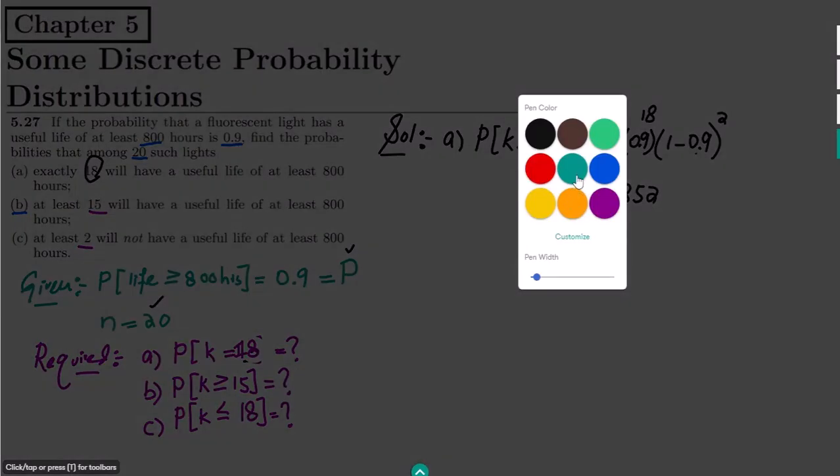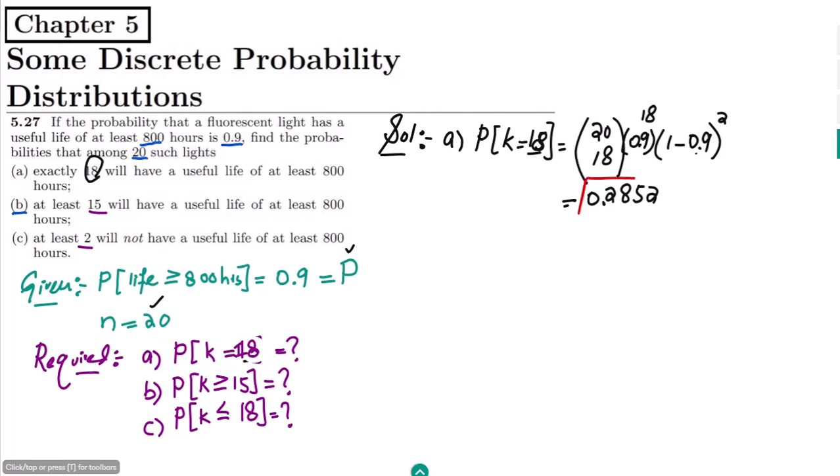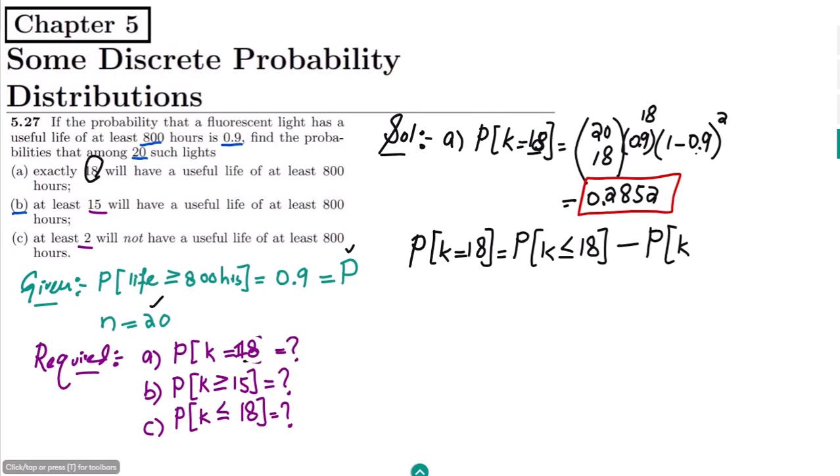Okay, so this is one method which we have seen here. Another method is based on the tables, where we can find the probability that k is equal to 18. For that we would need the probability that k is less than or equal to 18, and from it I have to subtract the probability that k is less than or equal to 17.